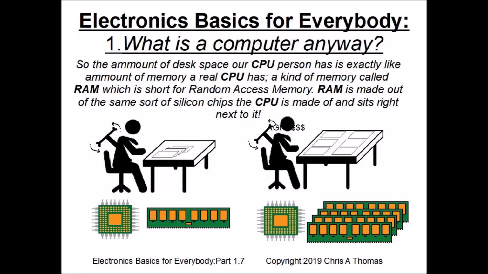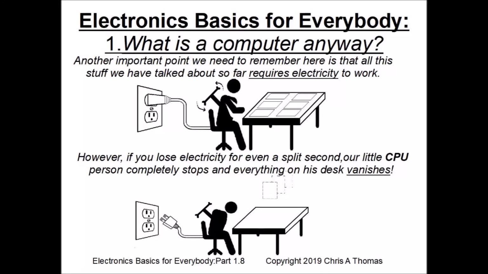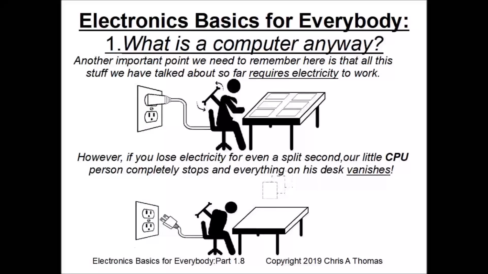It's important that we have enough RAM to do what we're trying to do. Now, another thing we need to remember is that all of these things need electricity to function. So even if we have our little fellow with his table space, i.e. your CPU with a lot of memory doing things, if you lose power for even just a second, everything disappears.